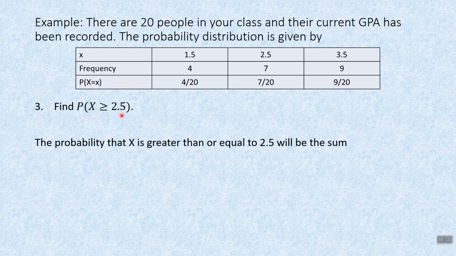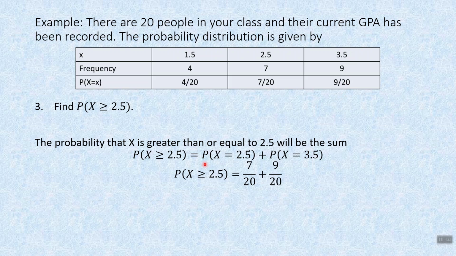Well, the probability that the random variable is greater than or equal to 2.5 will be the sum of the probability X equal to 2.5 plus the probability that X is equal to 3.5. So what are those probabilities? That's 7 out of 20 plus 9 out of 20.